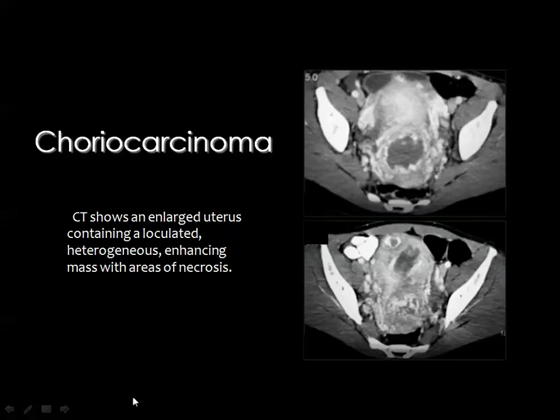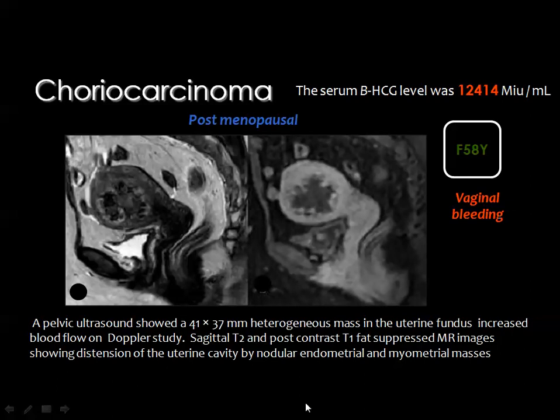And this is the appearance of choriocarcinoma by CT. The uterus is enlarged, the endometrial cavity is very irregular, and there is extensive hypervascularity of the lesion and in the parametrium as well. This is by MRI. This is the choriocarcinoma, T1, T2 weighted image, and T1 post-contrast fat suppressed sagittal image in a patient with vaginal bleeding.